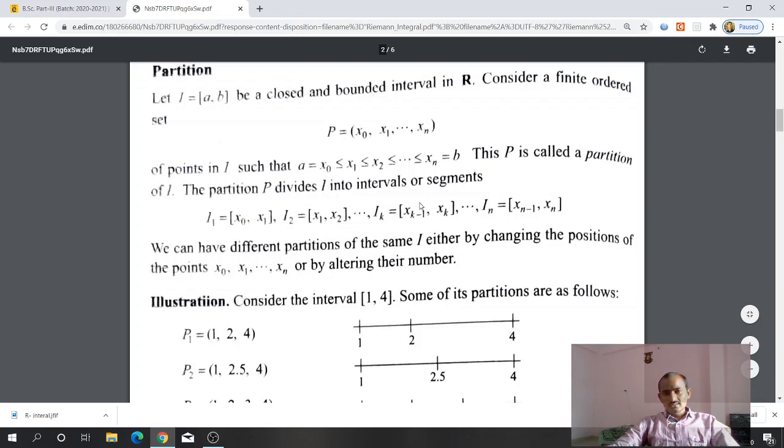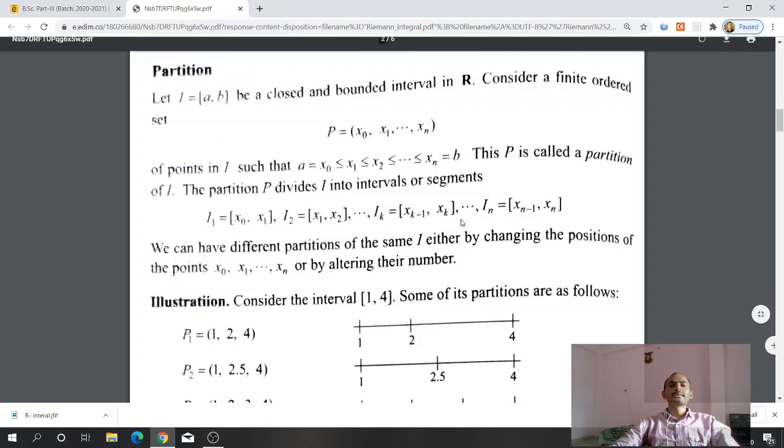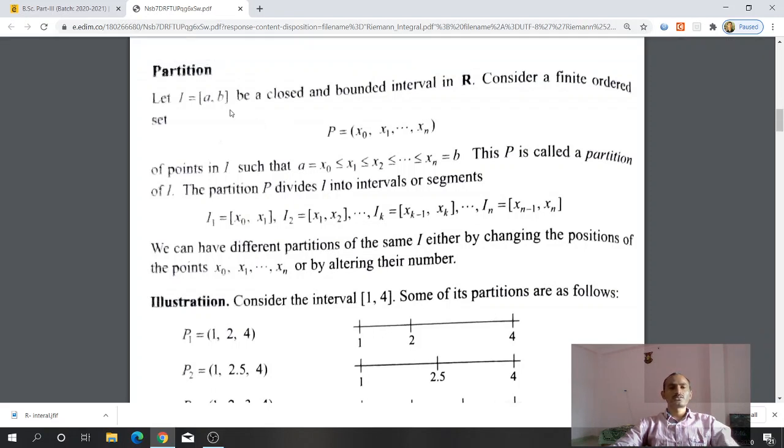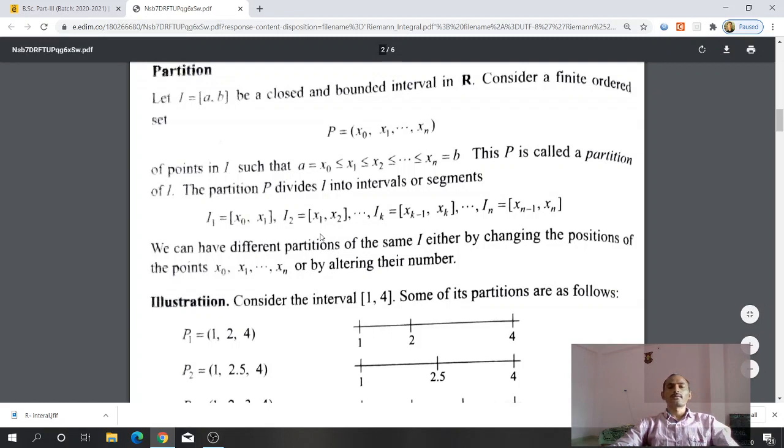Ik, the closed interval [x(k-1), xk], is your kth subinterval of I. You have n points, so there are n subintervals, the nth subinterval of this interval I. So these are the intervals.